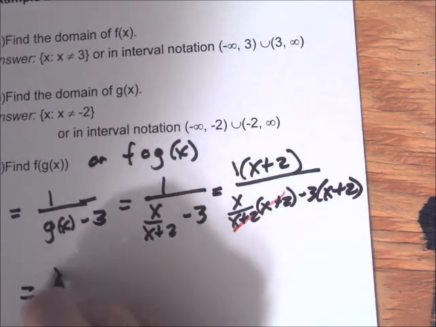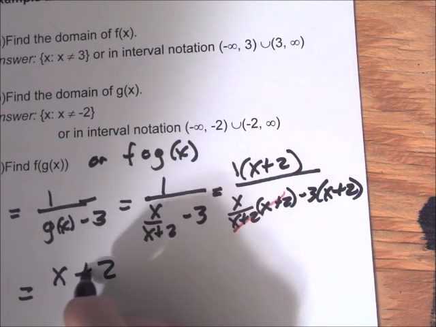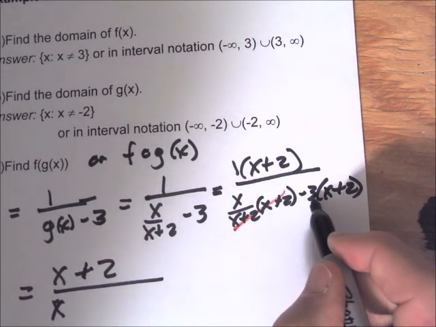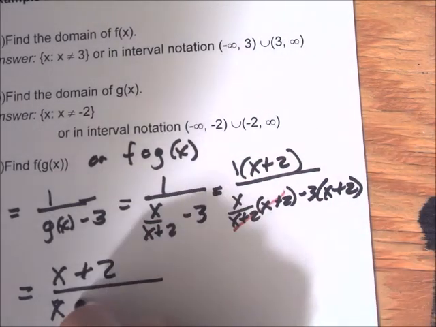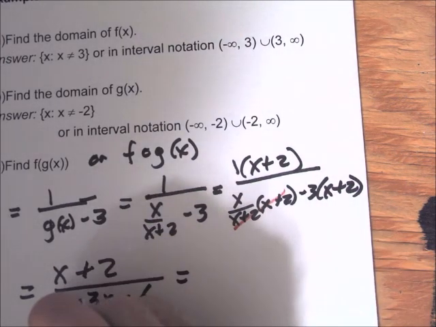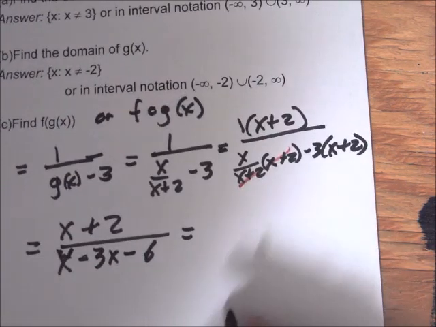So on the top we'll have x plus 2. 1 times x is x, 1 times 2 is 2. Copy the x on the bottom left. Distribute the minus 3. We'll have minus 3x minus 6. And then we can combine like terms.